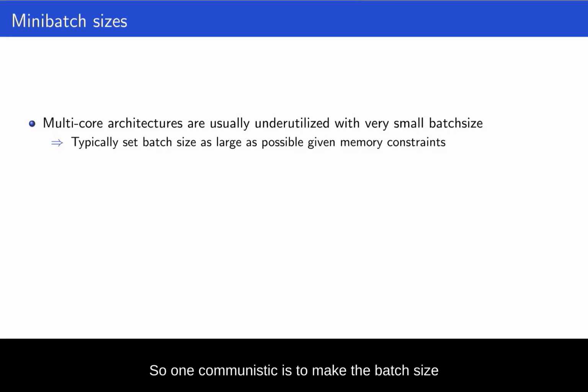So one common heuristic is to make the batch size as large as possible to get a bigger speedup of your matrix multiplications. And as large as possible means as large as your memory constraints allow, so as large as you can store on your GPU. That's why it's important to think about things like the memory complexity of storing your network and of doing a forward and backward pass.